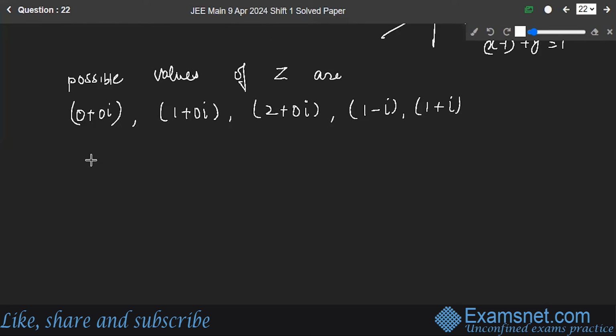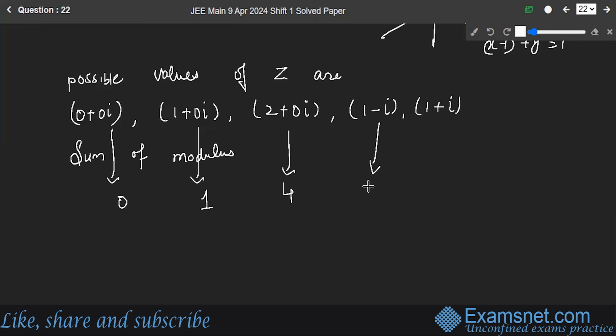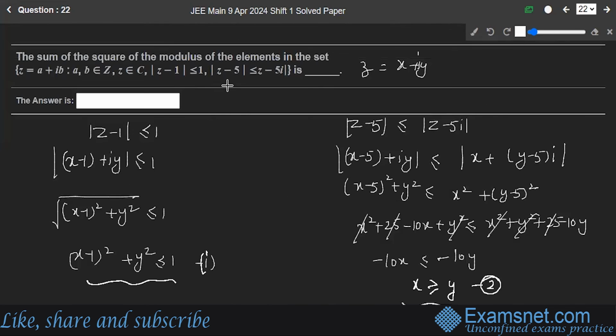So let's take the sum of the modulus squares. This will be 0, 1, 2 square which is 4, and this will be equal to 1 square plus 1 square, 2, and this will be 2. Let's find out this sum. So that's 9. This is the answer to the question, 9. Hope you got that. Let's move to the next question.